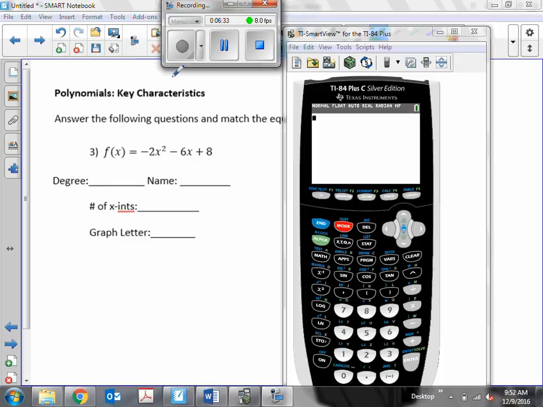So if I take a look at number 3, I have f of x equals negative 2x squared minus 6x plus 8. Again, first thing I want to do is identify the degree, and then give it a name. Well, since it has a degree of 2 right here, we would say that it has a degree of 2. Anytime it's a degree of 2, we call it a quadratic.